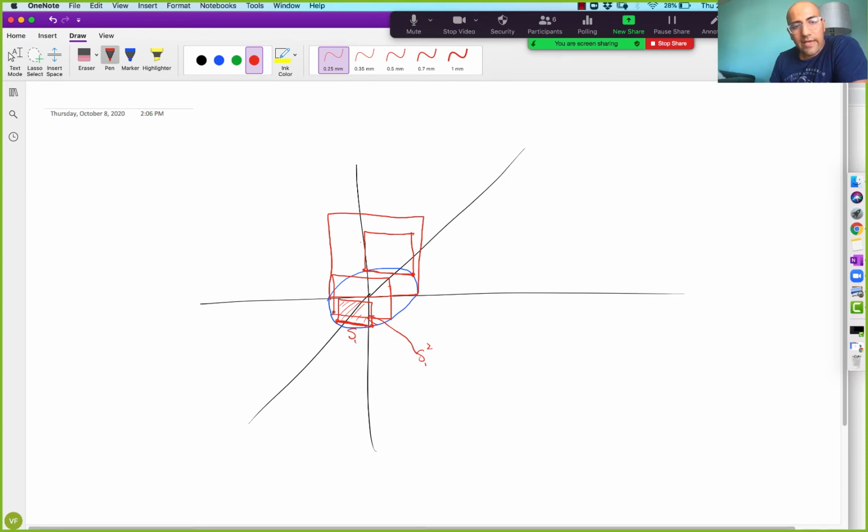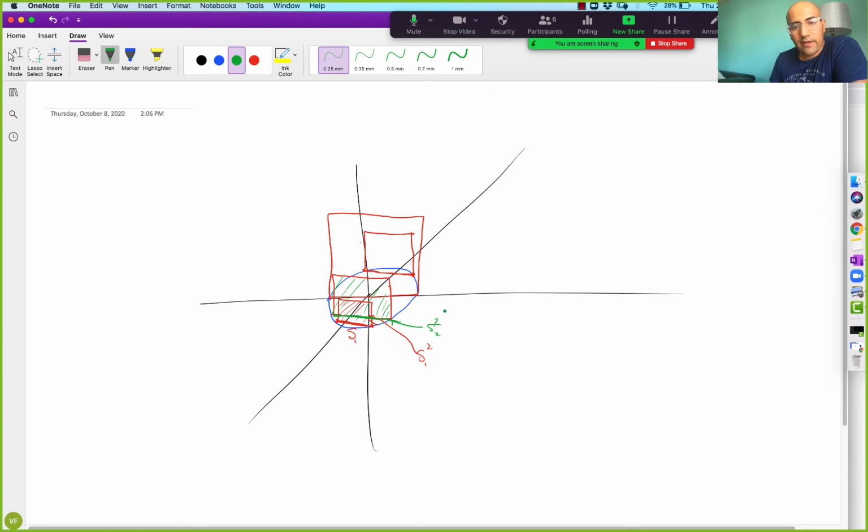Then if I look at the next one, too many colors here, but if I look at this side of this second one, let's call it s sub 2, if I square it, I'll get the area of this other square. Same thing for all of these.